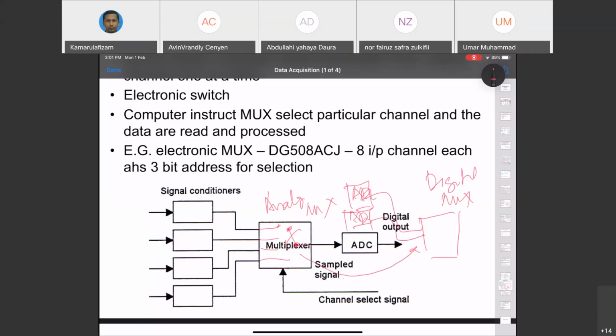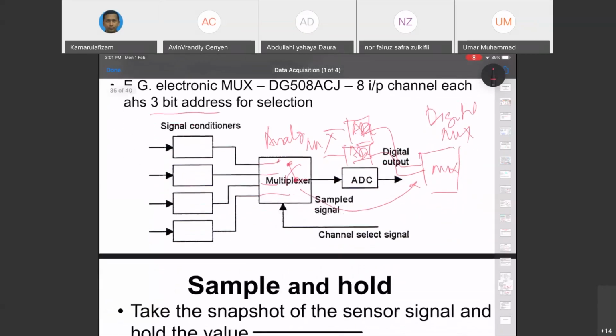So this is your sensor. You can position the multiplexer on the analog side or on the digital side, depending on your arrangement of the instrumentation system. There are 3-bit addresses for selection.